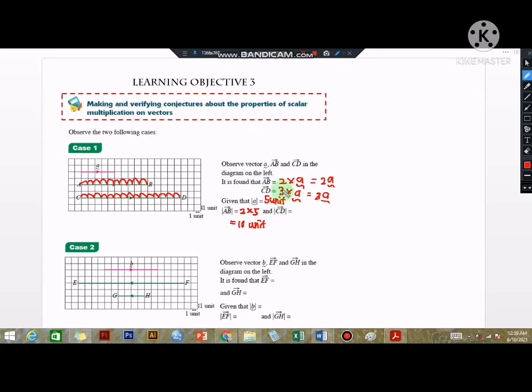CD is 3 times vector A, so 3 times 5 unit, 5 times 3, 15 unit. That is how you do it. This one also, units.